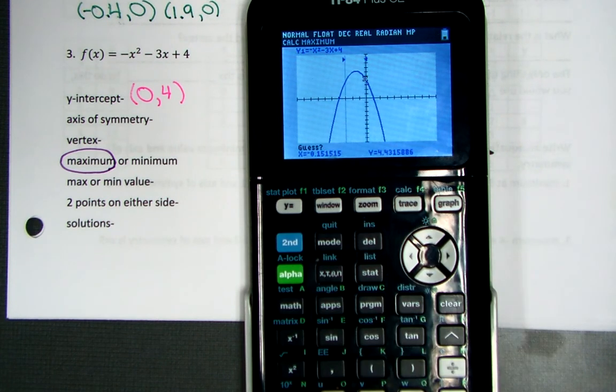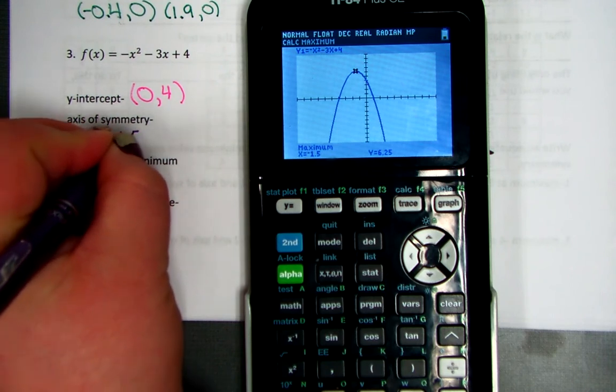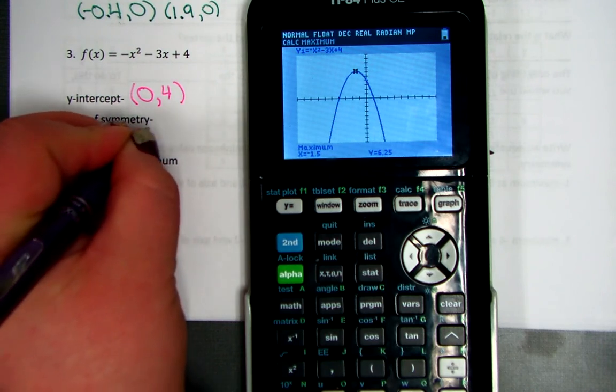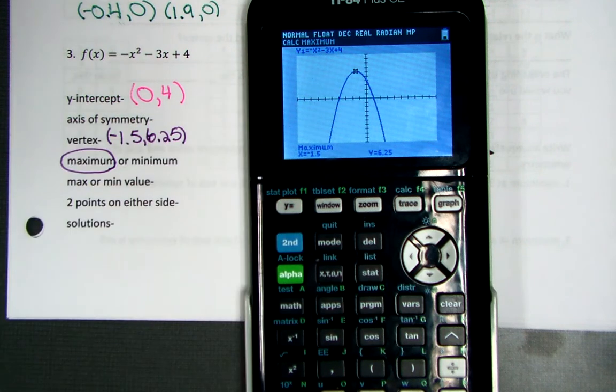Double check that your arrows are pointing at each other and your maximum is in between. And we found a maximum at negative 1.5 and positive 6.25.